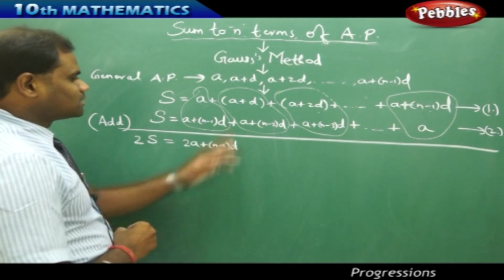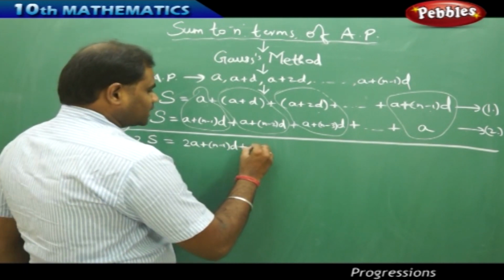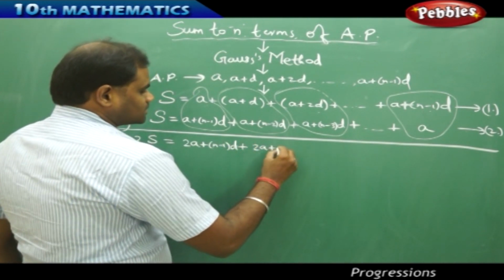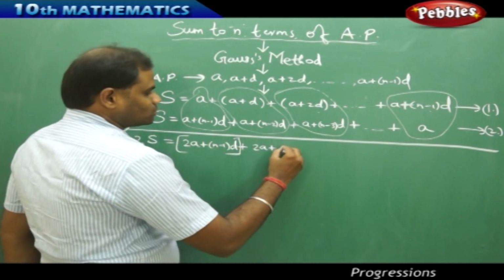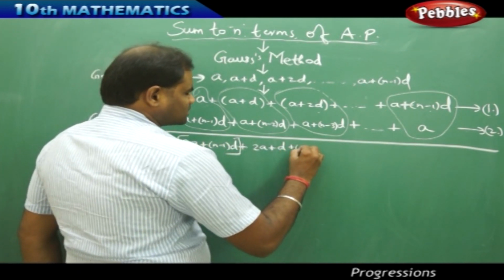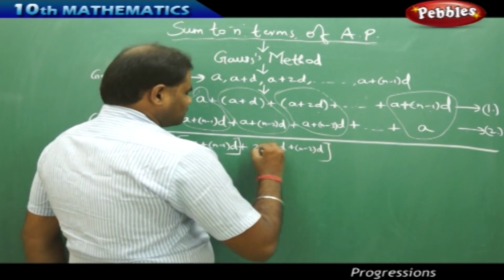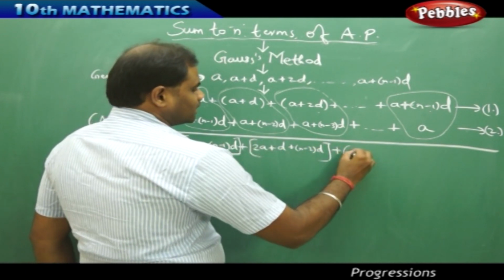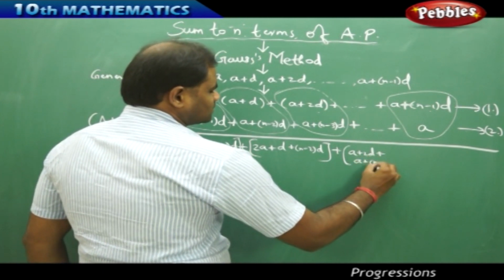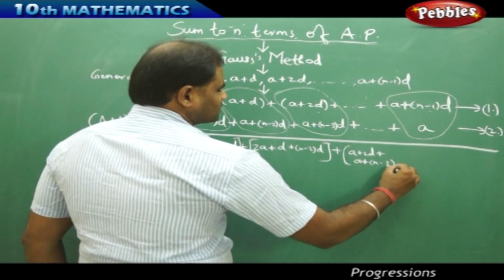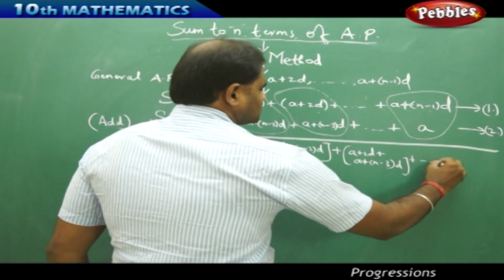When I add the next pair, I get 2a plus d plus n minus 2 times d, and when I add the next, I get a plus 2d plus a plus n minus 3 times d, and so on.